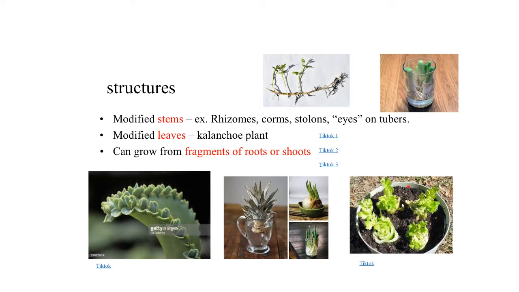You can do the same thing with lettuce and onions, pineapple. So there's lots of vegetables and fruits that you can do that with. You'll notice there's a few different TikToks that I've posted here. I do encourage you to go watch them. They show you exactly what is happening with some of these structures, and they're kind of neat to watch.